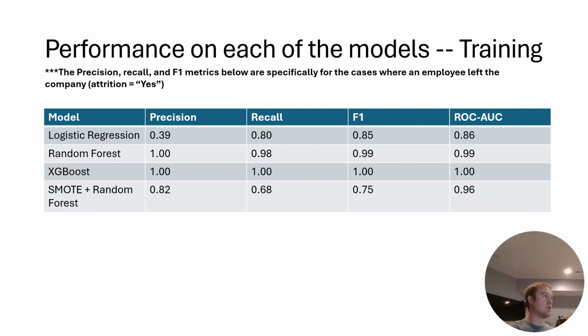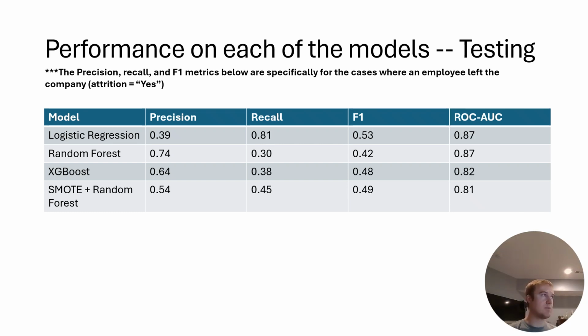So it had a higher precision than the logistic regression, but lower recall and F1 score. And then its ROC-AUC score was 0.96, which also was higher than the logistic regression model. And yeah, that's it for the training performance metrics.